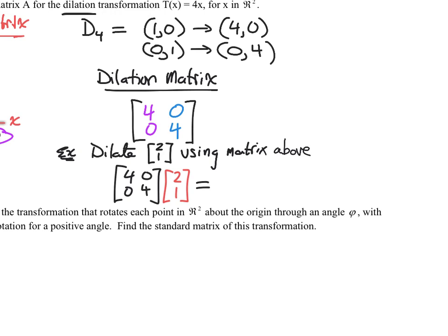But doing it by hand is not terrible here because we have the 4, 0 multiplied by the 2, 1. So 4 times 2 plus 0 times 1. And then 0 times 2 plus 4 times 1. Giving us as a result 8, 4.